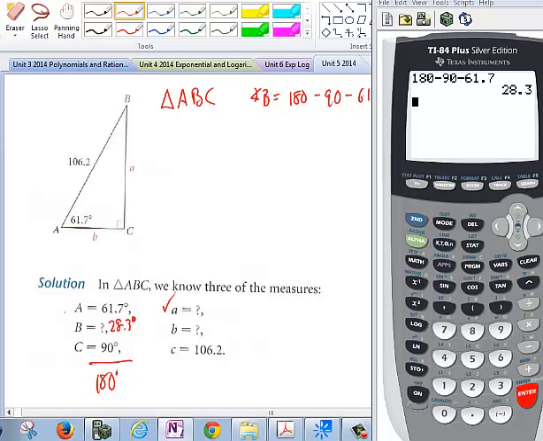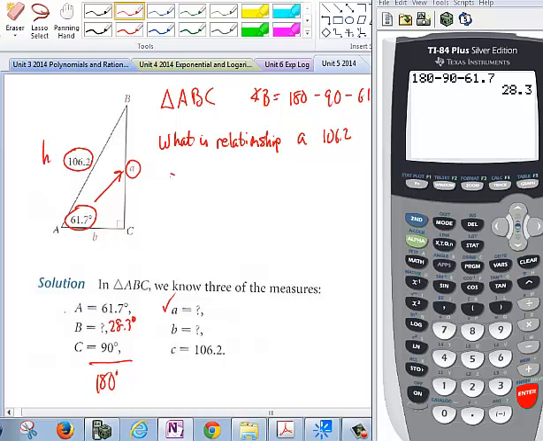Let's solve for side a first. This is where we put our use of trigonometry in motion. We're going to use the given angle, 61.7, and the hypotenuse, 106.2. Side a is the opposite, and this is the hypotenuse.